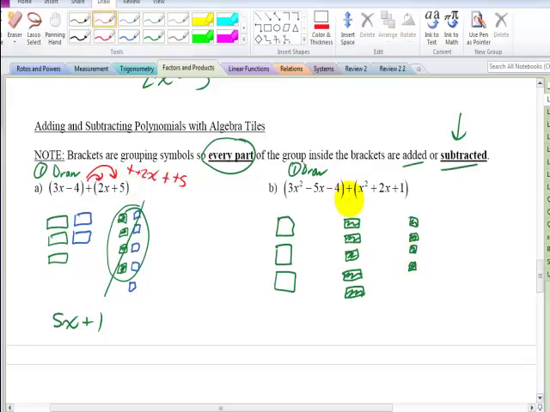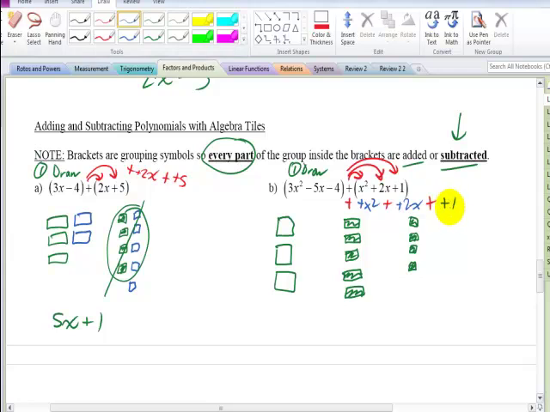So then what we want to do is add a plus x squared, add a plus 2x, and add a plus 1.